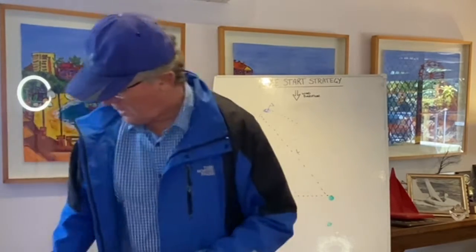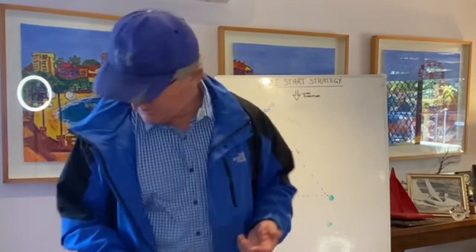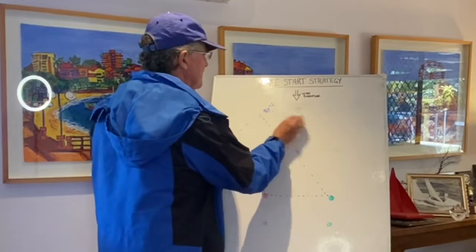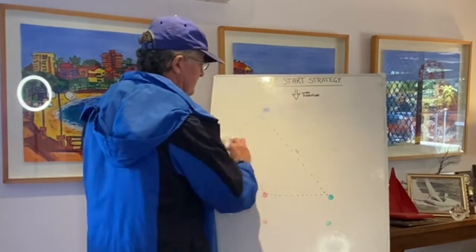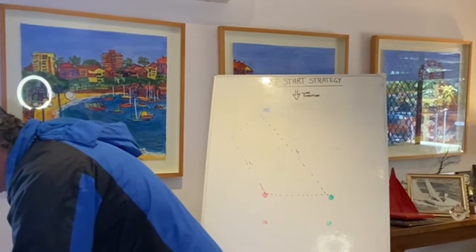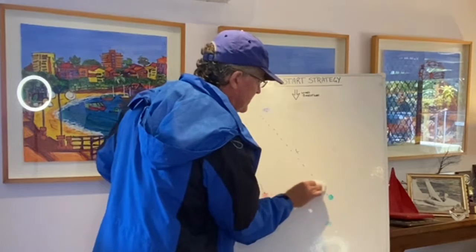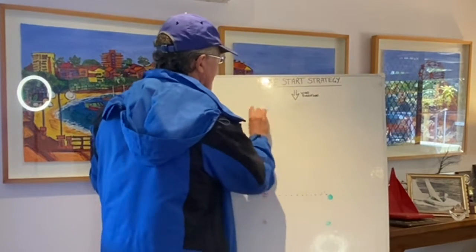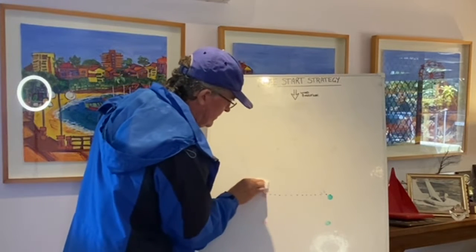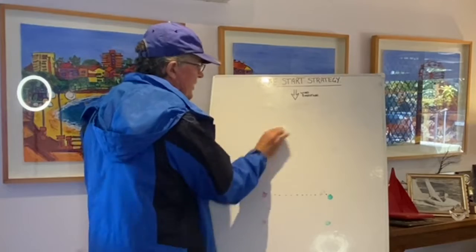However, as usual, what you find in a lot of these events is the starter usually has a preference for where the start line is. And it's usually biased 5 degrees to the port hand end, or the red side.